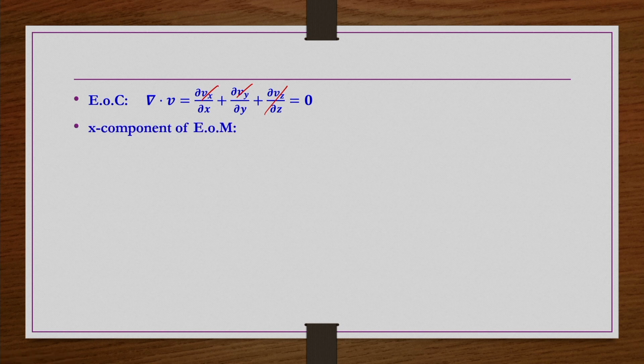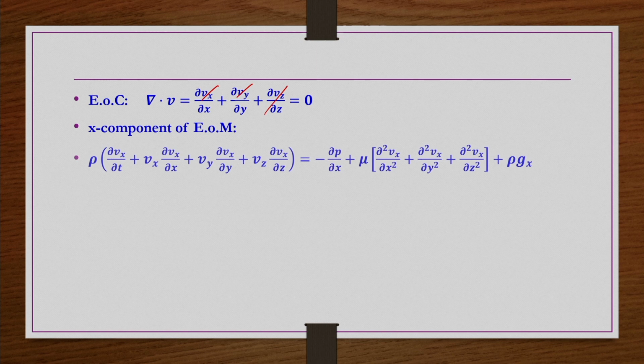The x component of the equation of motion is given here. At steady state this term is 0, Vx is 0, Vy is 0, so all these 3 terms are 0, and gravity we are taking only in the z direction as per the schematic. So Gx is 0, and dou p by dou x is 0.